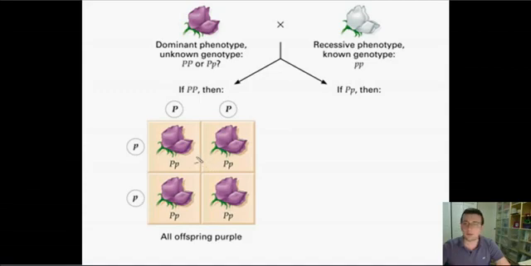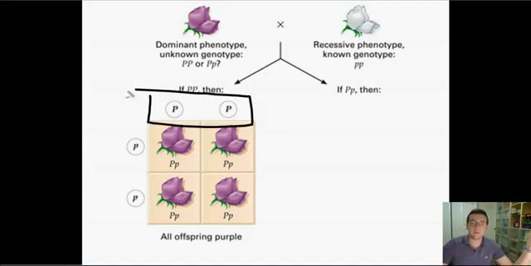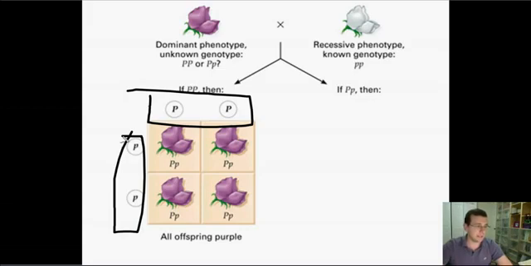When you do big P versus little p, you're doing a true parental cross. This is a P cross. And in a P cross, everybody looks hybrid. So if you cross these two plants and 100% of the time you get a hybrid, that means that plant, the purple, must have been homozygous dominant.